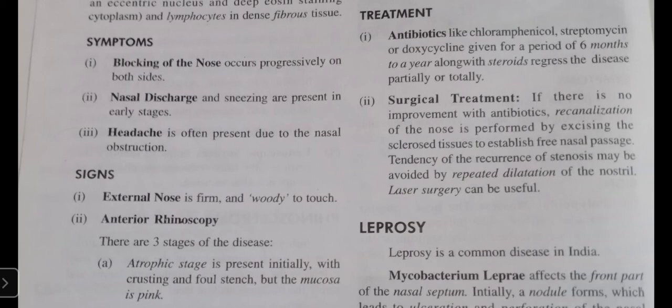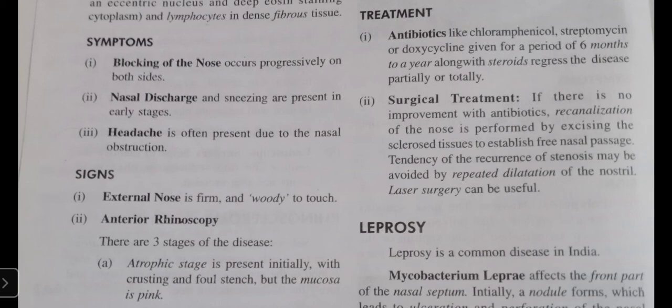The etiological factors are that it affects mostly those over 20 years of age. Both sexes are equally affected, and mostly this condition is present in rural areas with low socioeconomic status. And the causative organism is Klebsiella rhinoscleromatis.